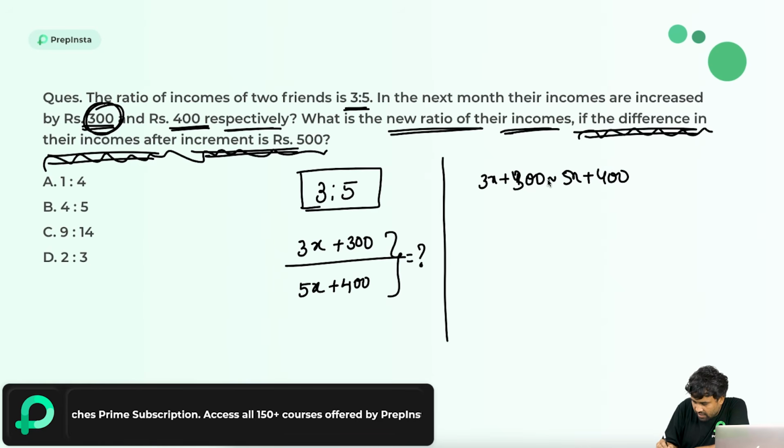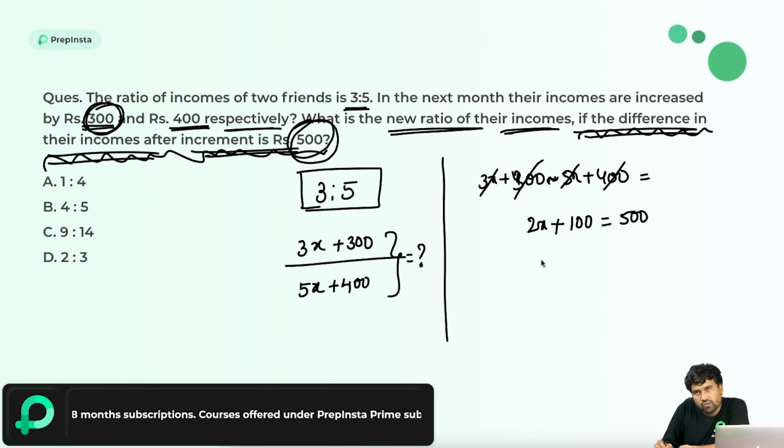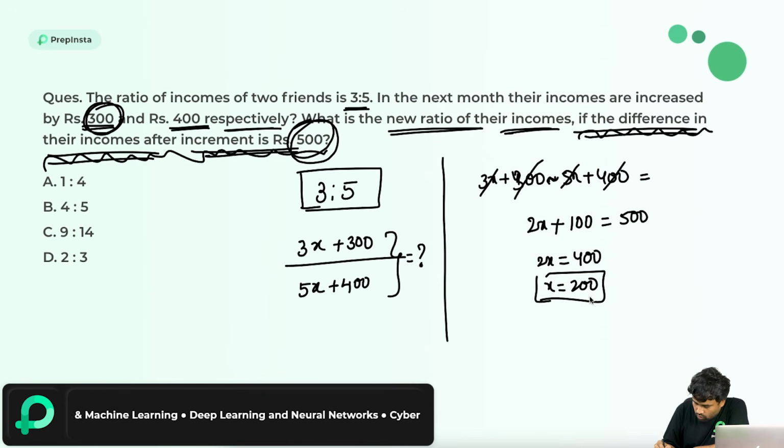Then what is the difference, guys? Difference means we always need to take the positive value, right? So the difference of 5x and 3x is 2x, and the difference of 400 and 300 is 100, which is equal to the 500 they have given. So then what is the x value? Simply, 2x is equal to 400 and x is equal to 200. If x equals 200, then 3x is how much?